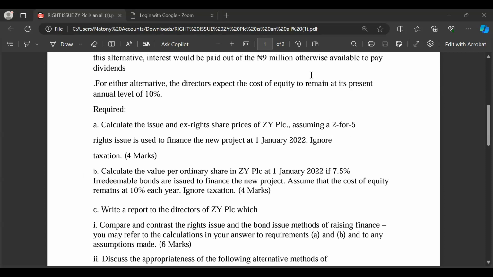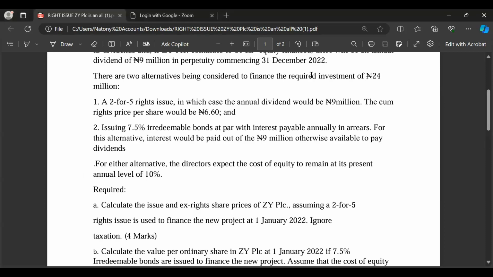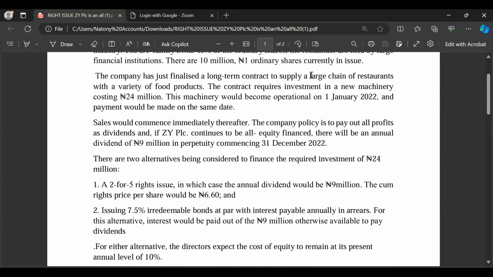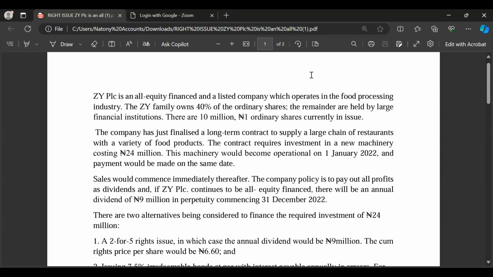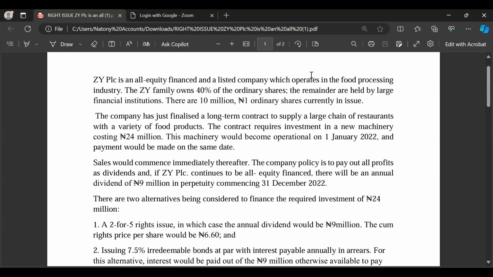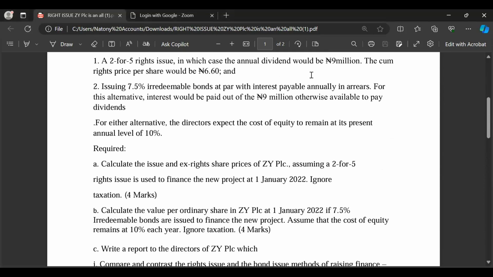We need to first of all determine how many shares will be issued. We can see that here. The company has 10 million ₦1 ordinary shares. So with a 2 for 5 rights issue, how many new shares will be issued?